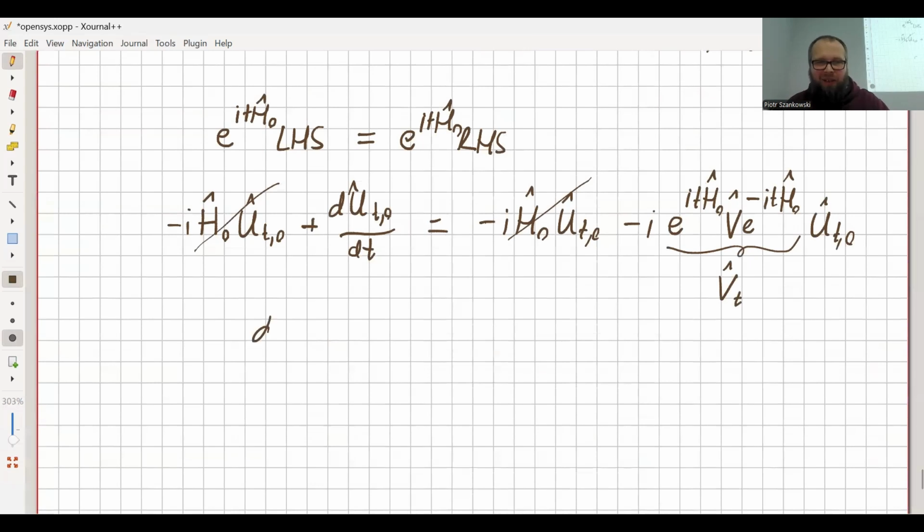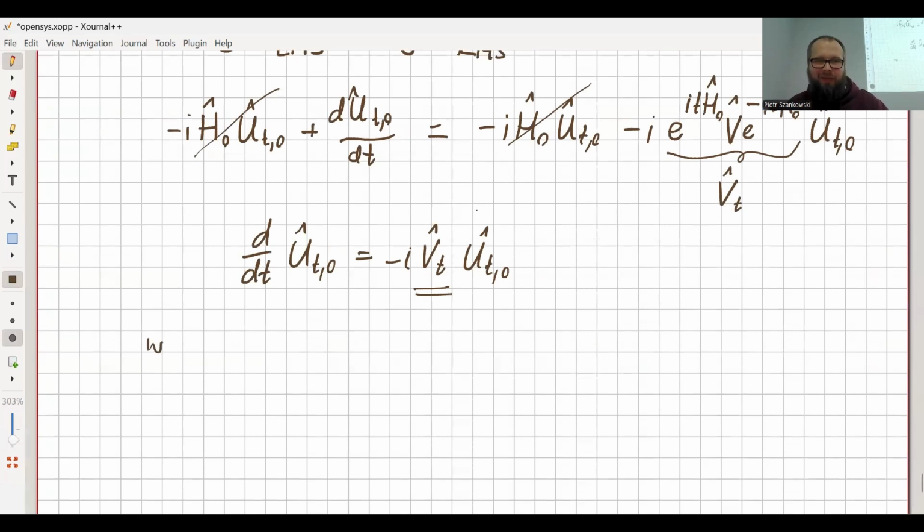And so we arrive at the new dynamical equation that looks like any other dynamical equation, with this generator, which is a time-dependent generator. And we know how to solve those guys.